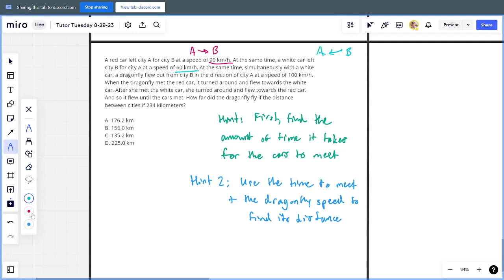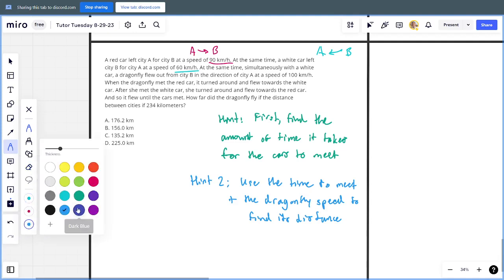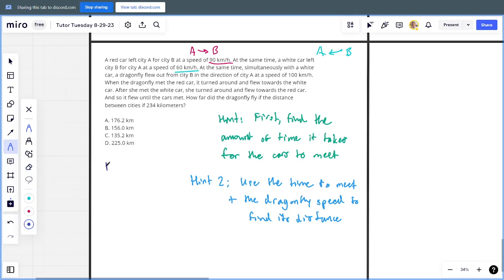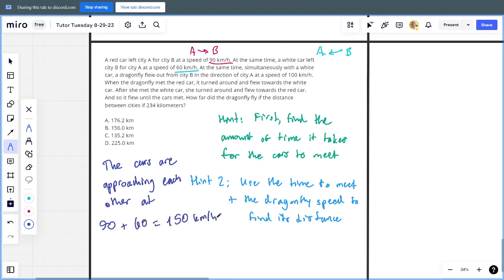Yeah, it is B. And in total, the cars are approaching each other. You don't even have to find out what point they're going to meet. You can just find that the cars are approaching each other at 90 plus 60 equals 150 kilometers per hour.